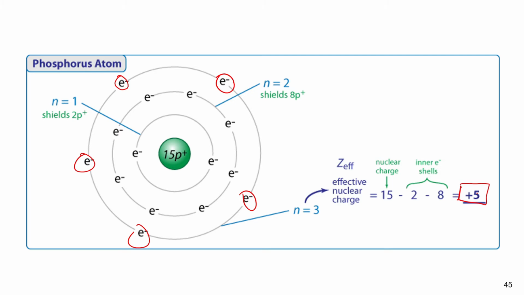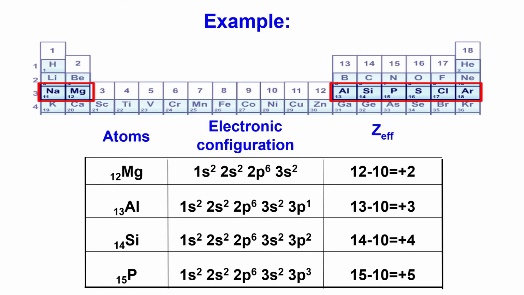Next, this is the example. Kita tengok calculation bagaimana kita kira untuk magnesium, aluminium, silicon, and phosphorus. Magnesium has 12 protons, Z is 12 minus 10 electrons in the inner shell, so 12 tolak 10 is positive 2.